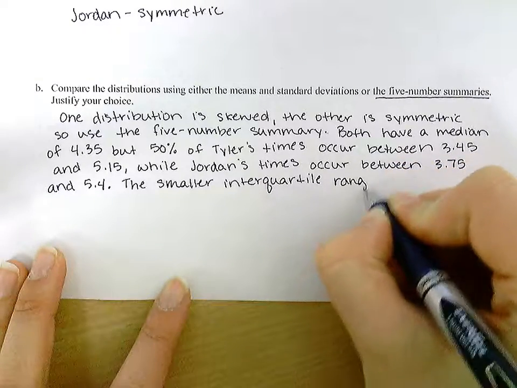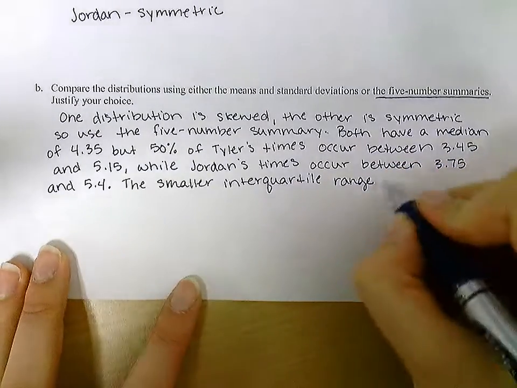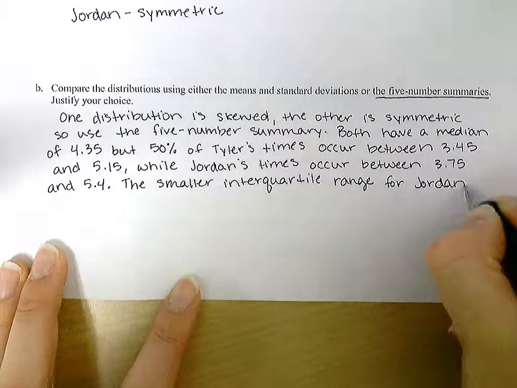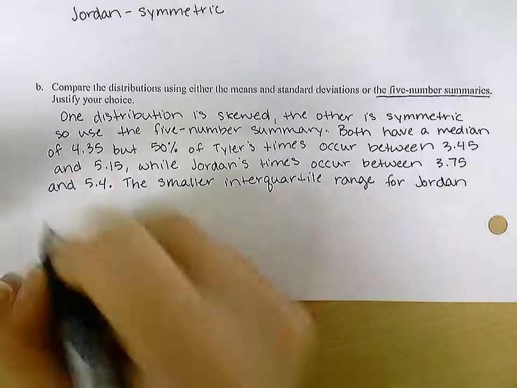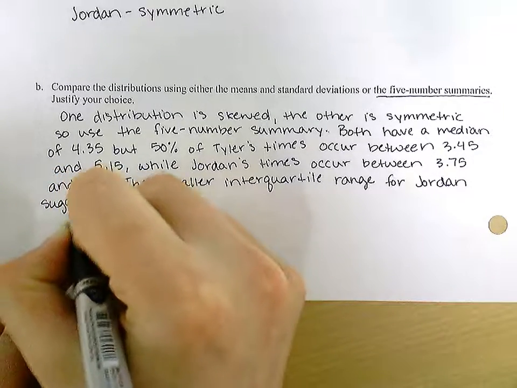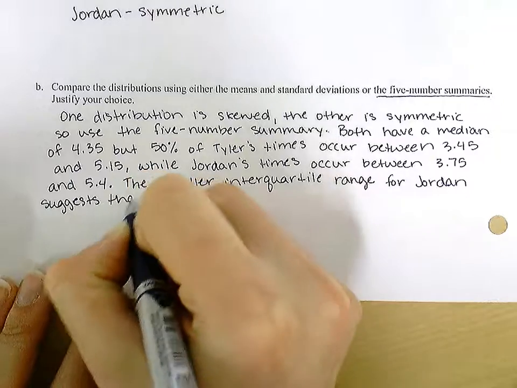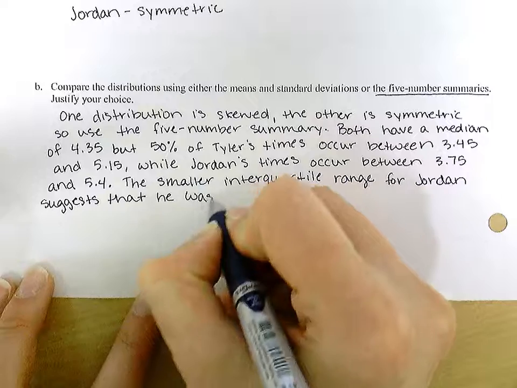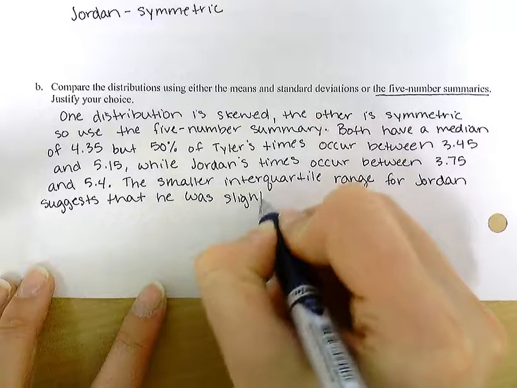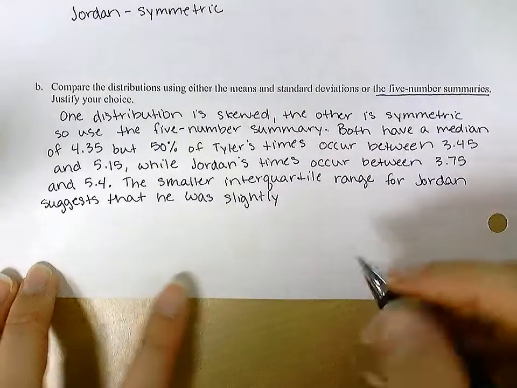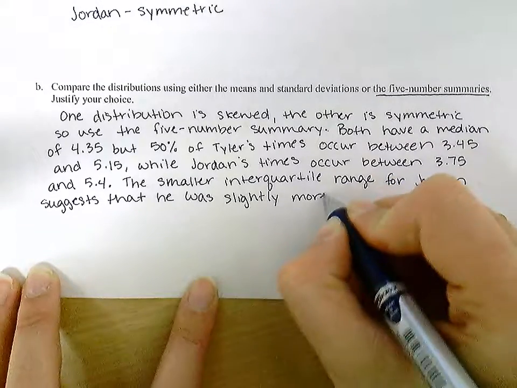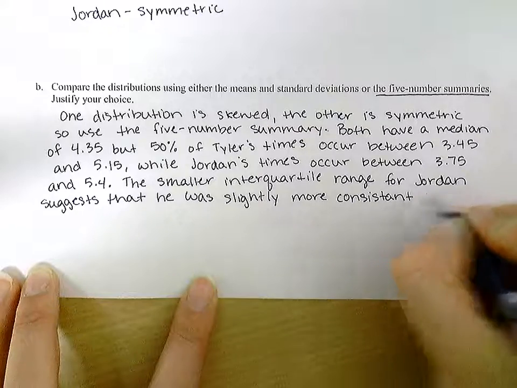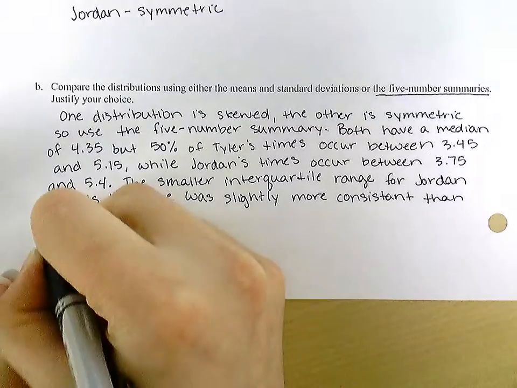Interquartile range for Jordan suggests that he was slightly more consistent than Tyler.